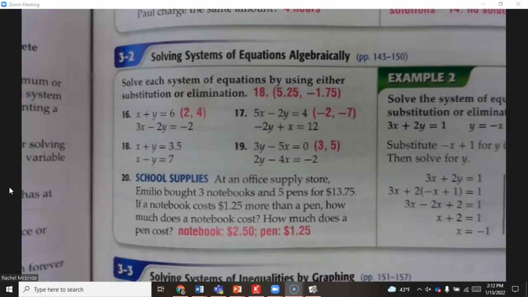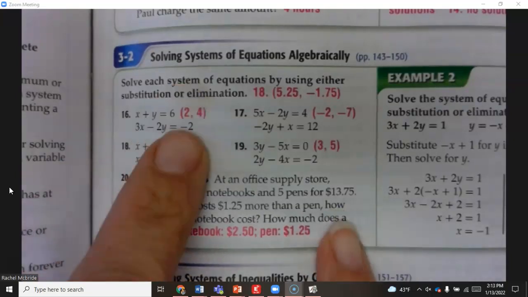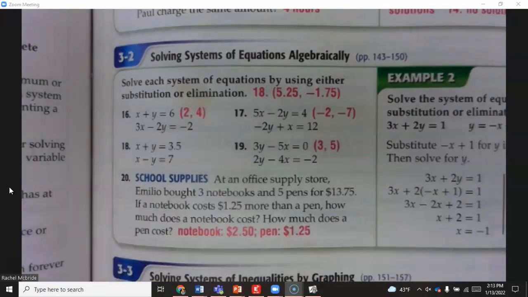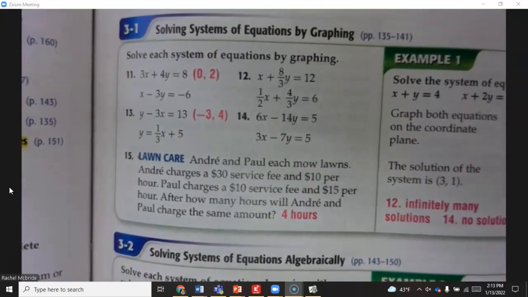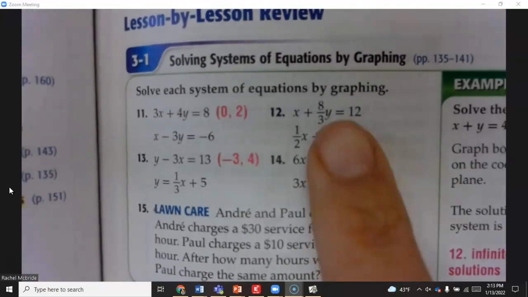For 16 to 20, you're doing substitution or elimination, like stuff we've been doing. The first part was graphing, so we haven't graphed for a while. Oh, that was graphing? Yeah. I didn't know that.